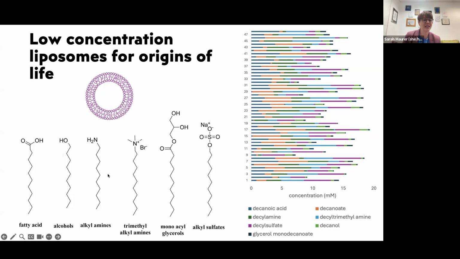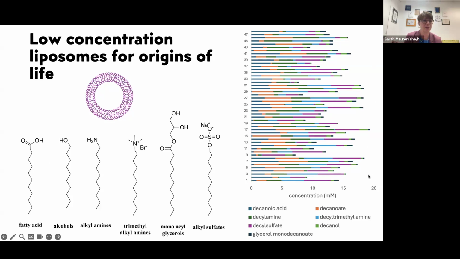And okay, so we take these 7 amphiphiles and we are mixing them. We had our computer program generate 10 million different compositions, and we randomly chose 48 of those. And in our first round, we limited our total concentration to 20 millimolar.